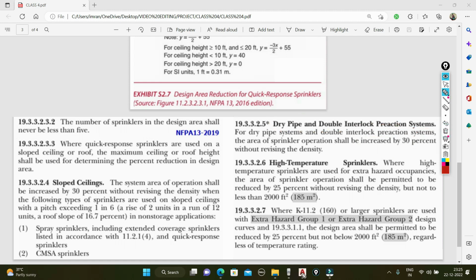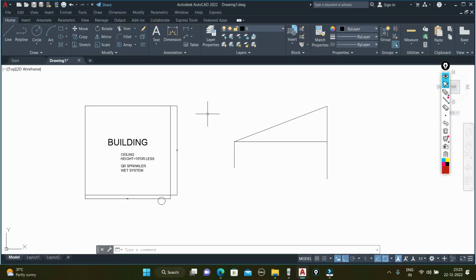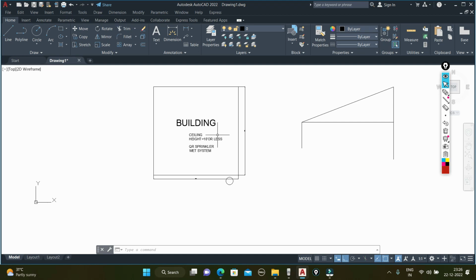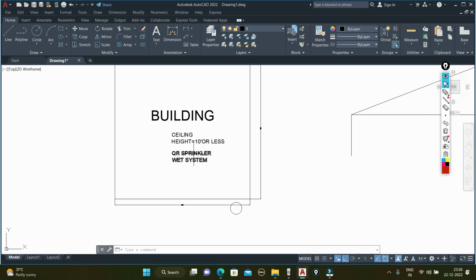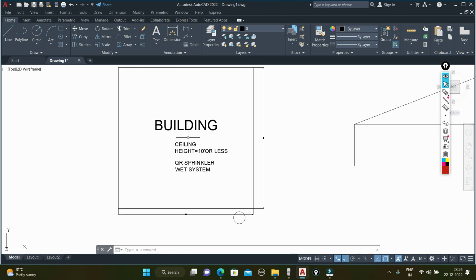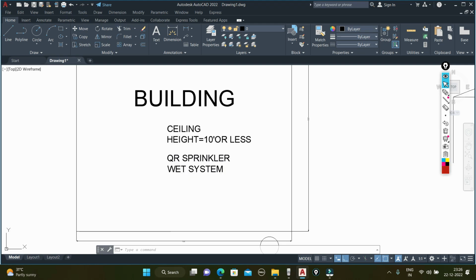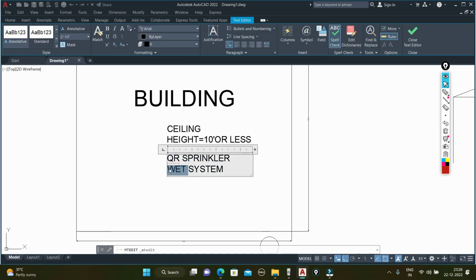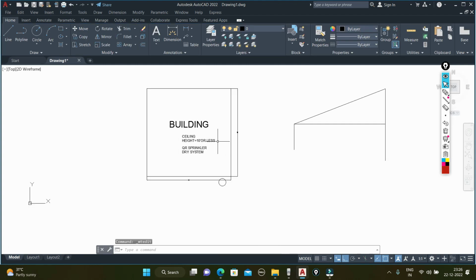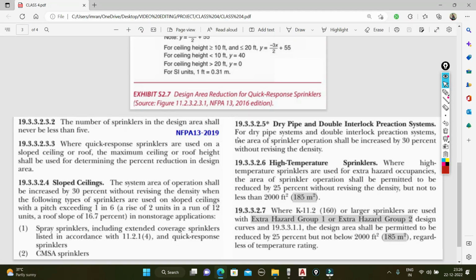Suppose this is the building, and we are going to design not a wet system, we are going to design a dry system. Okay, and this is a light hazard or any type of hazard, but we are considering it here as a light hazard. So we will increase the area of operation by 30%.